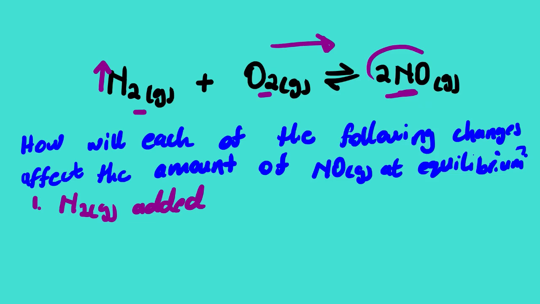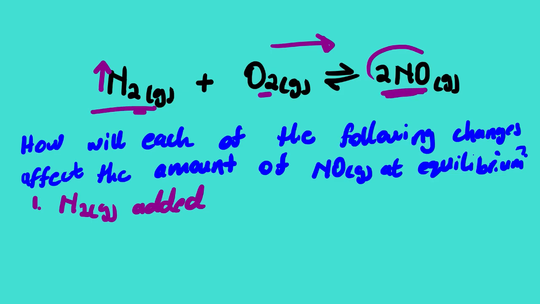So normally the question would give you options to say, will it increase, decrease, or remain the same? So we want to know whether this will increase, decrease, or will remain the same if we add more of this.